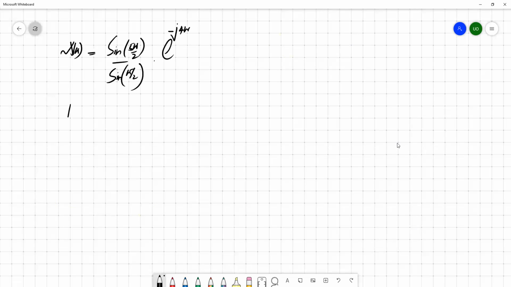So you can easily get the magnitude. How to get the magnitude? The magnitude of this exponential is basically 1. So the magnitude becomes the magnitude of sine 5 omega over 2 divided by the magnitude of sine omega over 2.